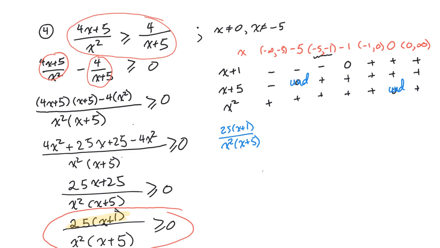So now we need to check for all points where we have greater than or equal to 0. So we're just going to combine these three columns here and see what the multiplication is. And in this case, we have a positive. Here we'll have an undefined value. A negative and two positives is negative.